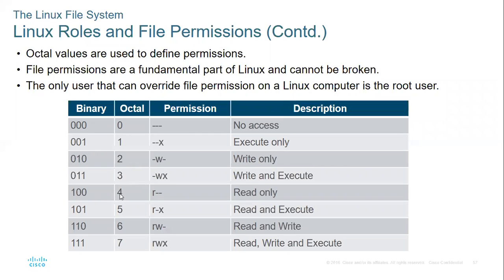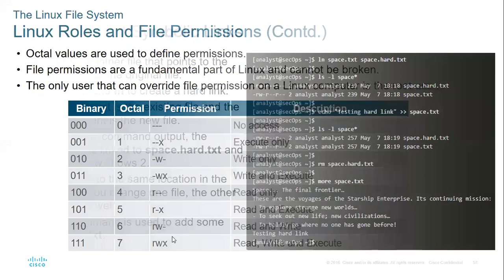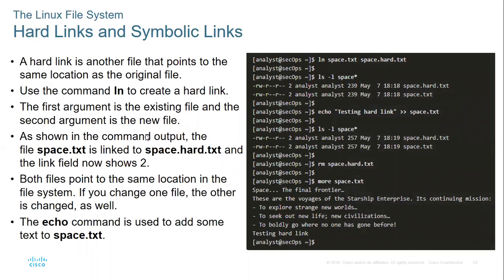The number 4 is for what? Reading only. So 5 means read and execute. 6, read and write. And then 7 means that you have got all the permissions: read, write, and execute. Very, very important to know that.